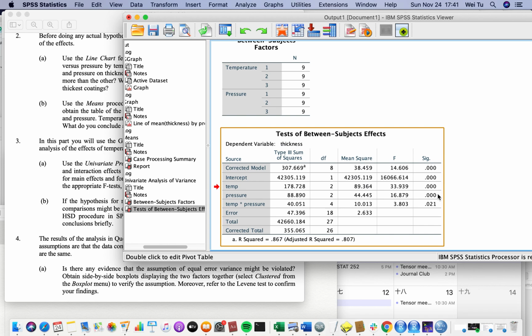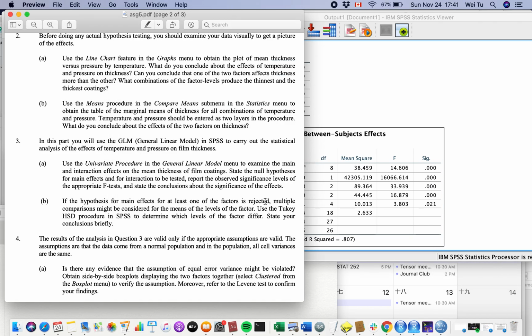But again, we don't know which levels are significant, right? We don't know whether low and medium are significant or low and high are significant. So we do a post hoc test. Basically, we look at all the combinations of the pairs, 1 versus 2, 1 versus 3, 2 versus 3, and we're going to use Tukey's procedure.